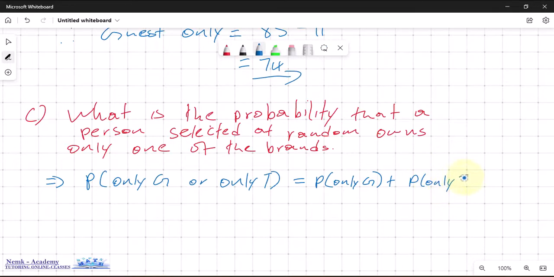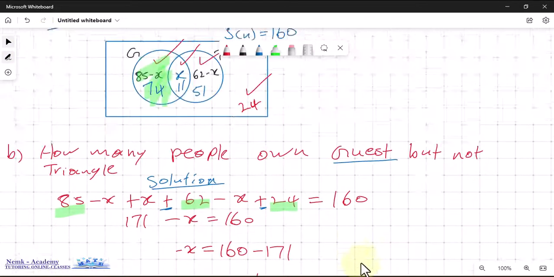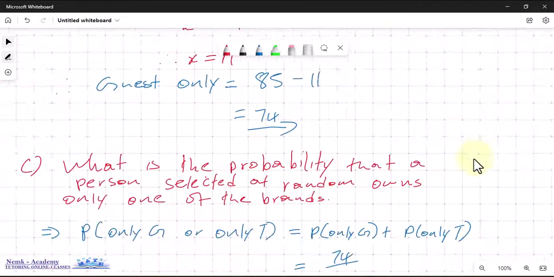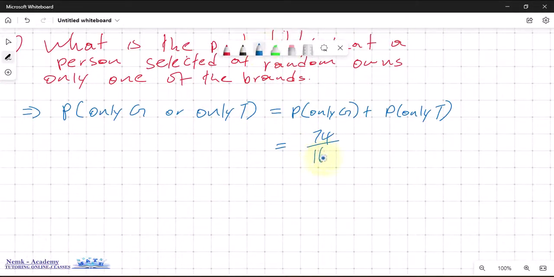Very straightforward, right? So how many are those who own only G? What is the probability? Yes, 74 over, what is the total? Over 160, plus only T. How many?